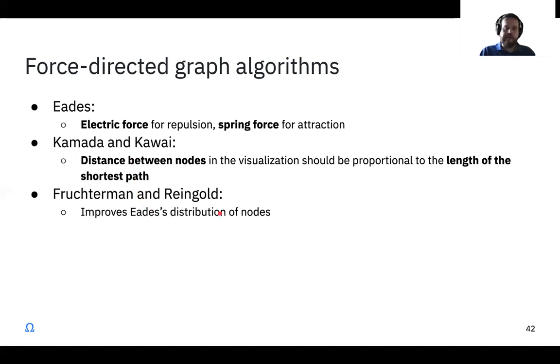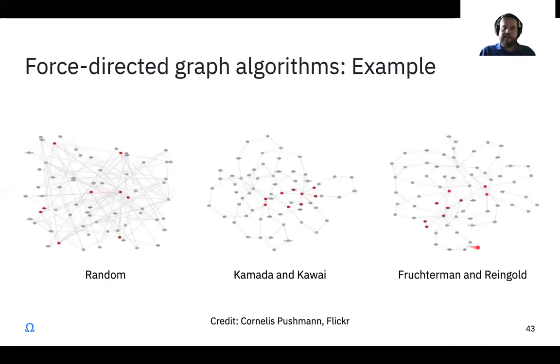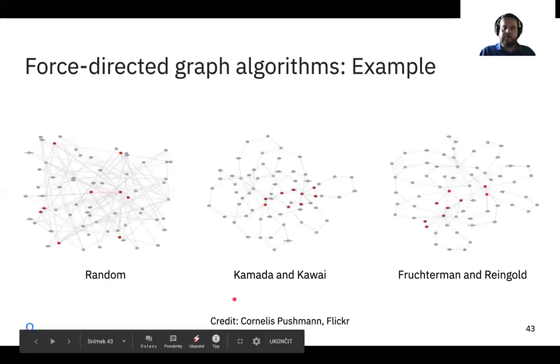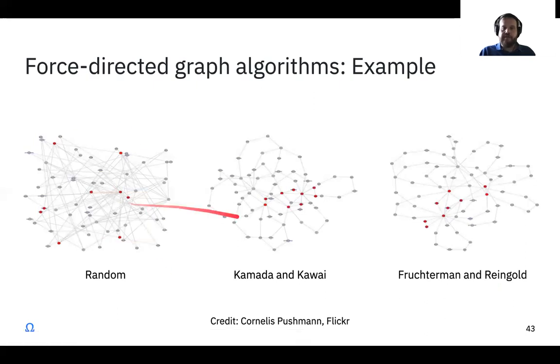And here's an example of how those algorithms work. This is a randomly drawn node link diagram. This is if you employ the Kamada and Kawai version of the force-directed algorithm, and this is Fruchterman and Reingold.